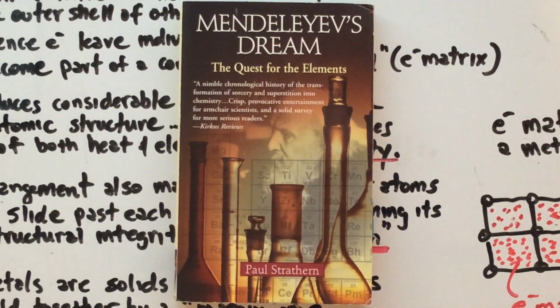A very, very nice book, very readable, especially if you're into this a little bit. Very interesting accounts of what took place, how it took place, and what it yielded. So a great book if you're interested. Again, it's called Mendeleev's Dream, The Quest for the Elements, written by Paul Strathern.